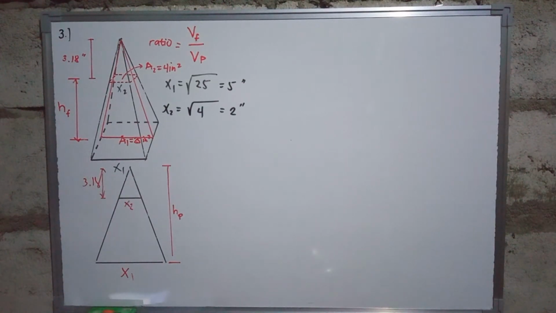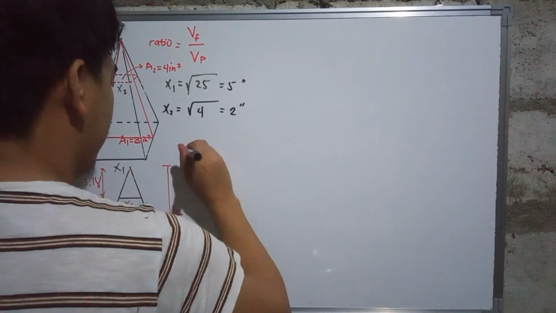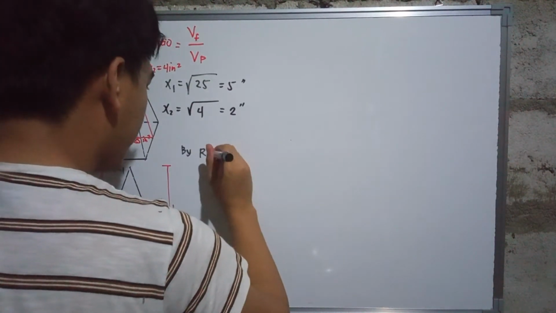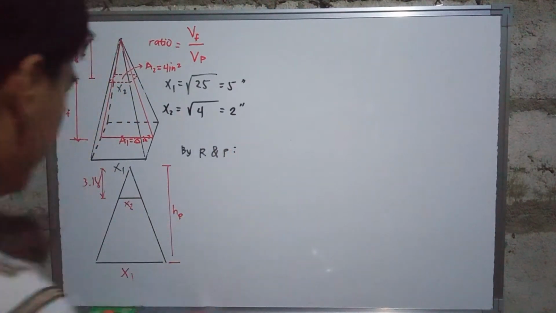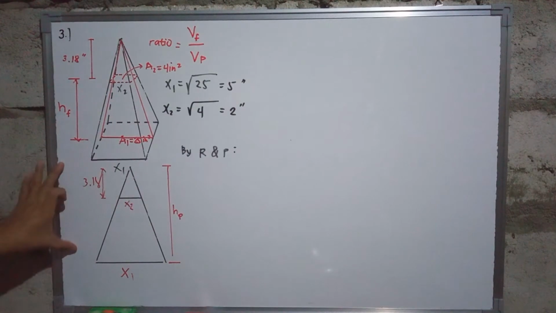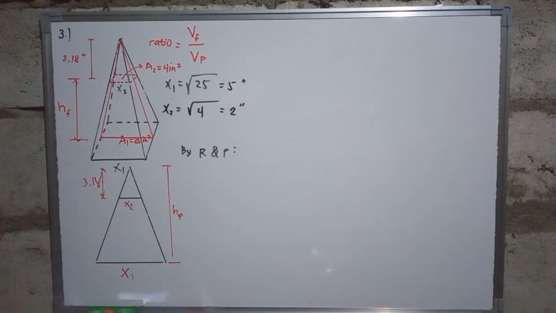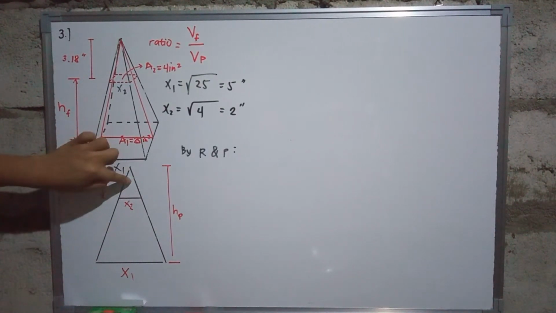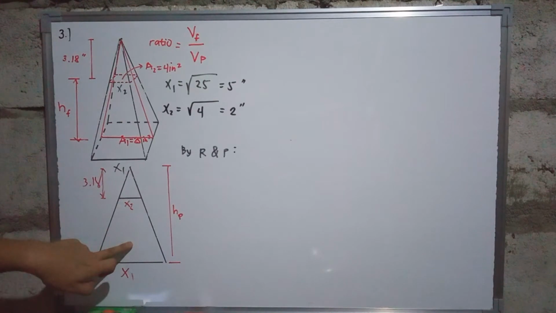So, solve natin yan by means of ratio and proportion. So, kapag nag-ratio and proportion tayo, kung triangle yung i-ratio and proportion mo, kailangan triangle din. So, hindi pwede na yung i-ratio proportion natin, let's say, triangle at saka quadrilateral.